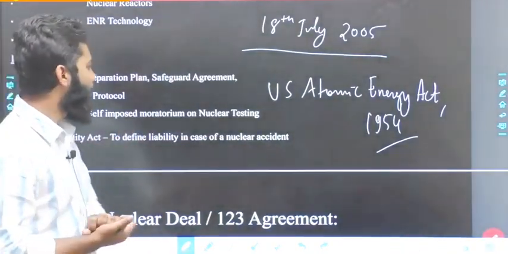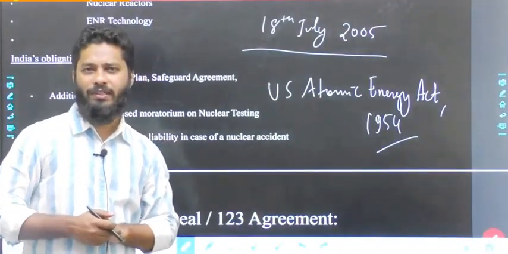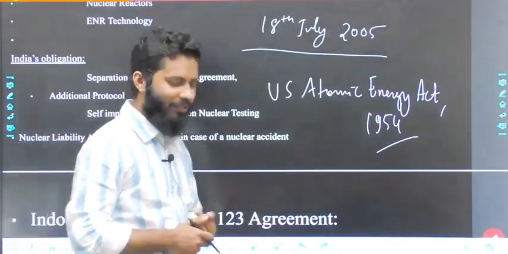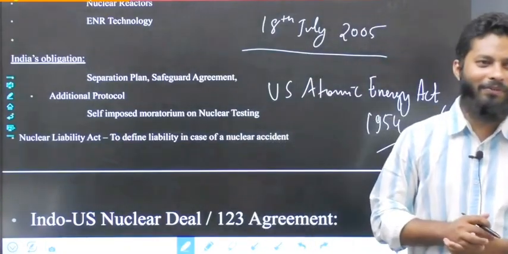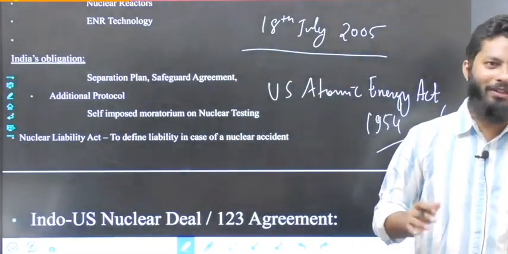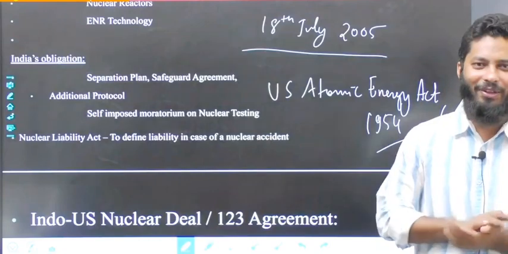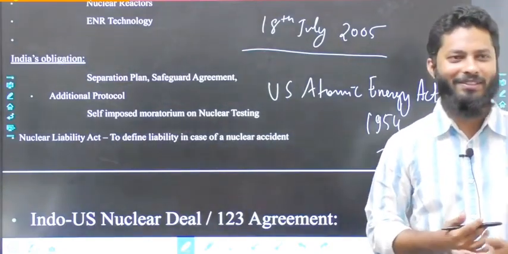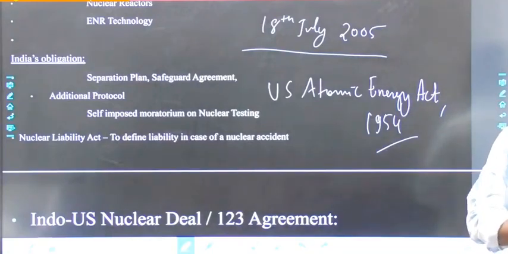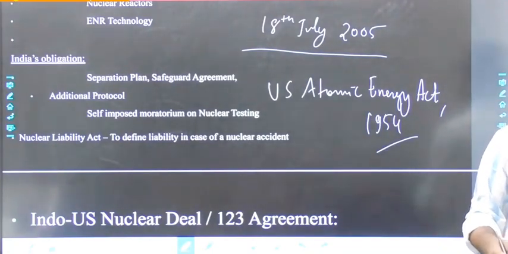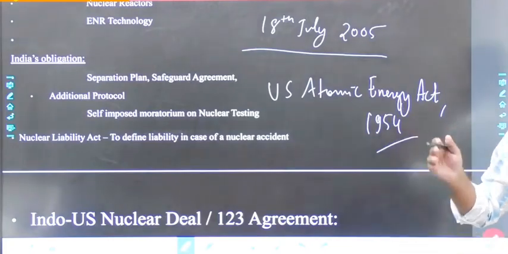Then, self-imposed moratorium on nuclear testing. A self-imposed moratorium is very much similar to when you go home after the class and you say, okay, now I will revise everything that has been taught in the class. I will practice previous year questions. I will be reading complete Spectrum in 7 days. I will not watch any movie, any web series, any reel on Instagram.